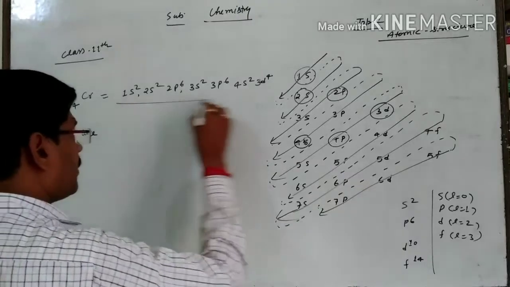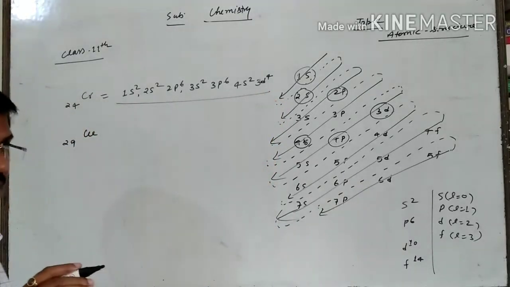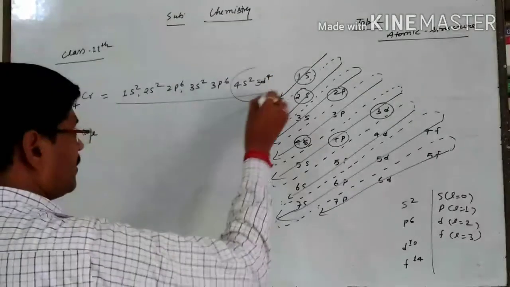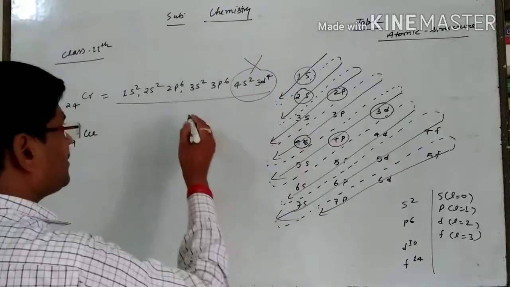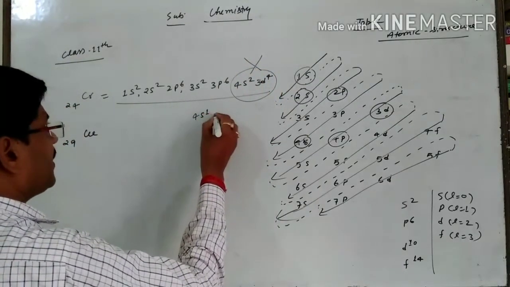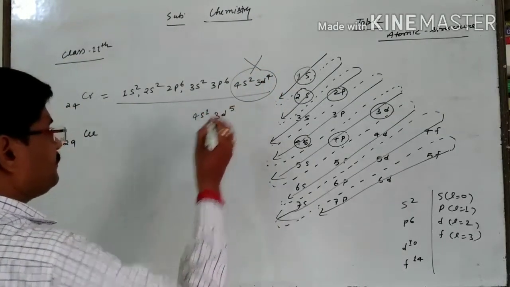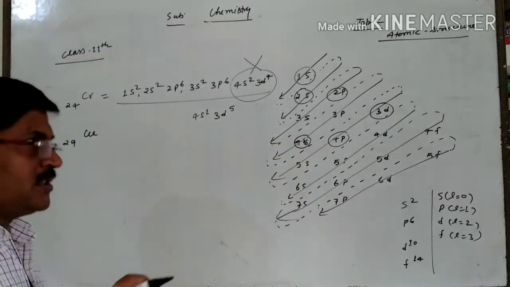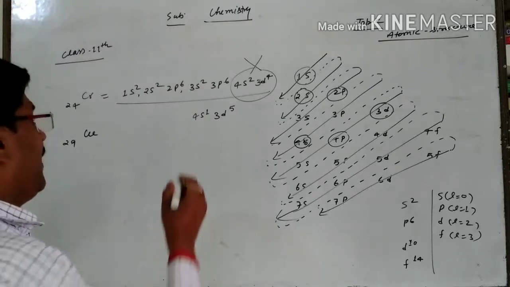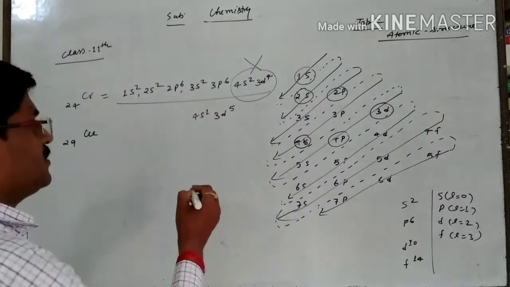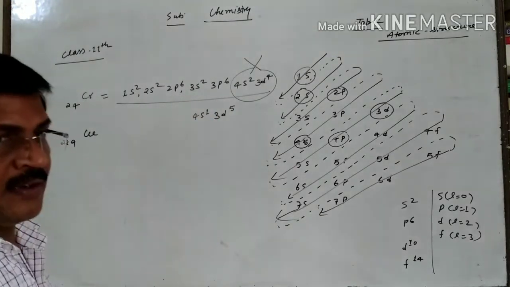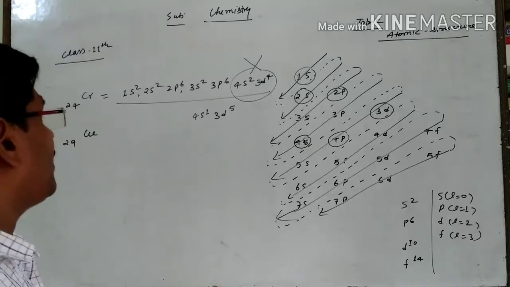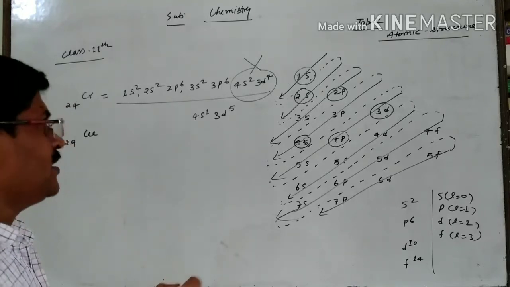In this way your configuration is completed, but this will not be the case. In place of this it will be 4s1 and 3d5. As I am narrating, subcells that are either fully filled or half filled have more stability than incompletely filled subcells.